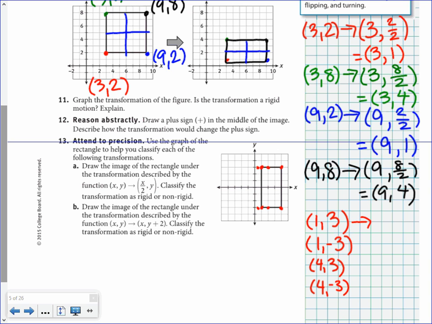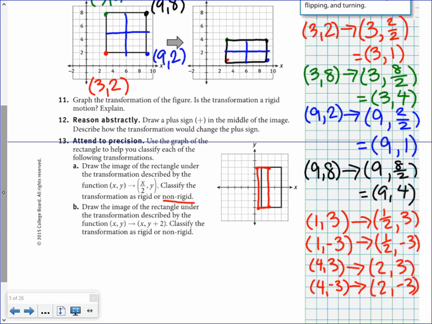So if you were to write those in your function, you would have (1/2, 3), (1/2, -3), (2, 3), and (2, -3). Which, if you graph just the new points, it'll look something like that. So, clearly, those are not the exact same shape and size. So that would be a non-rigid transformation.